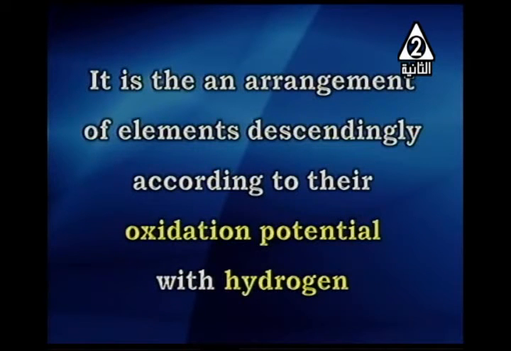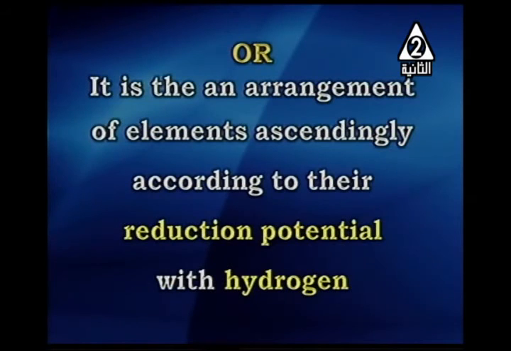It's very important to know this one. So after that, we have another definition: an arrangement of elements, which are the metals and hydrogen, ascendingly according to their reduction potential with hydrogen. These are the two definitions.